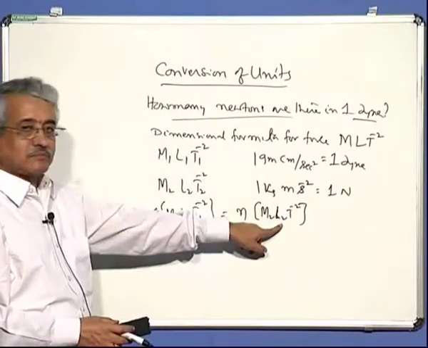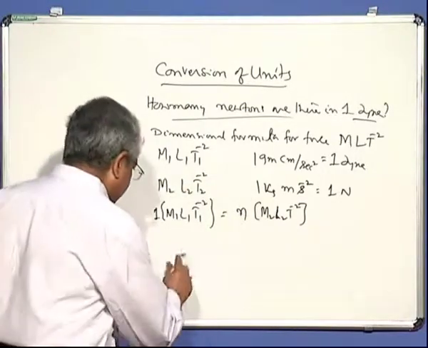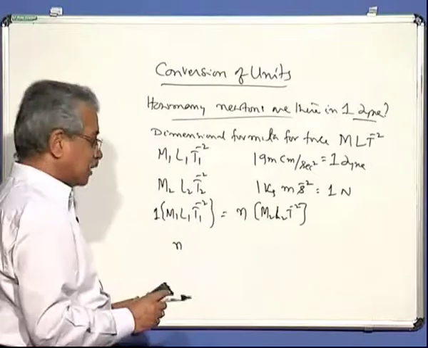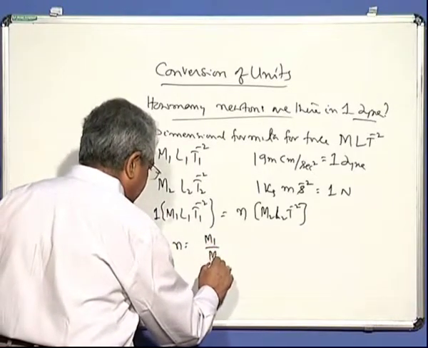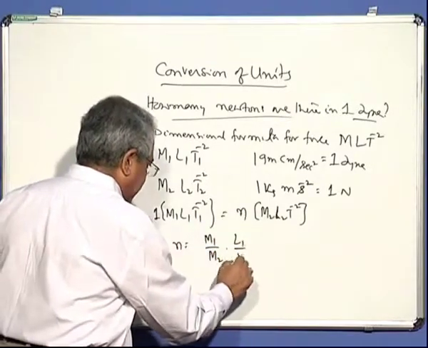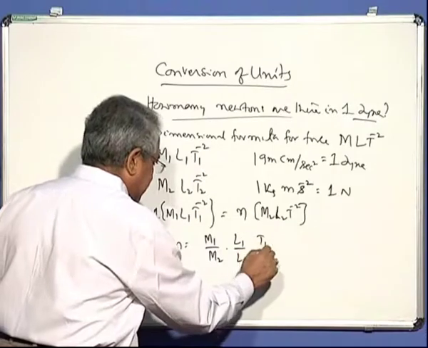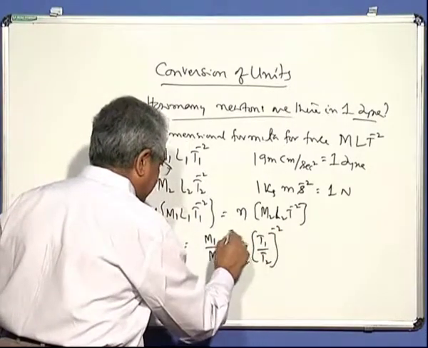This means Newton. Now we have to find the value of N. That's all we have to do. How do you get N here? Write the equation mathematically: M1 by M2, L1 by L2, T1 by T2 with a minus sign there. This is how it comes.